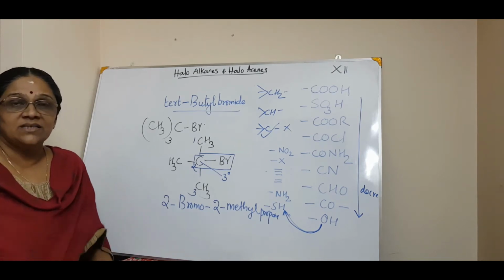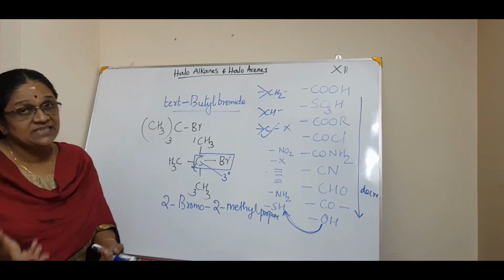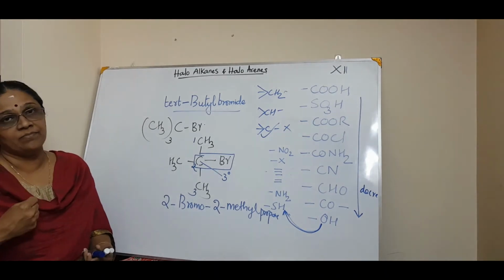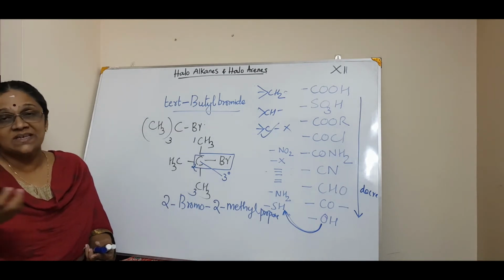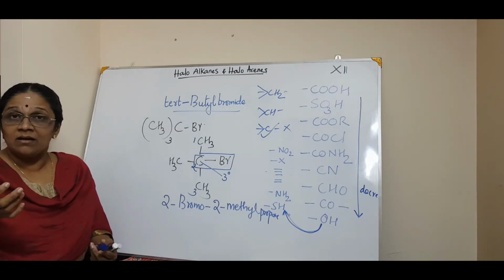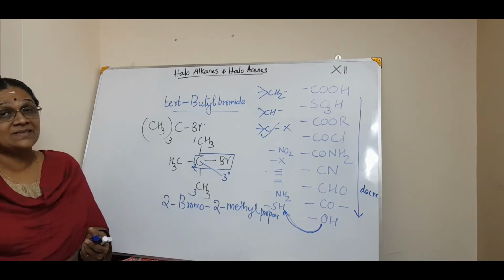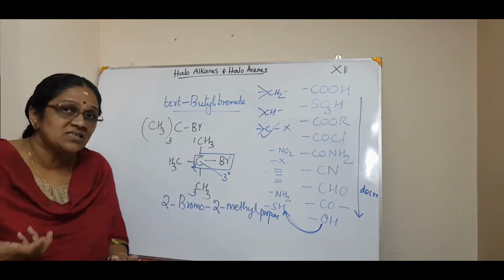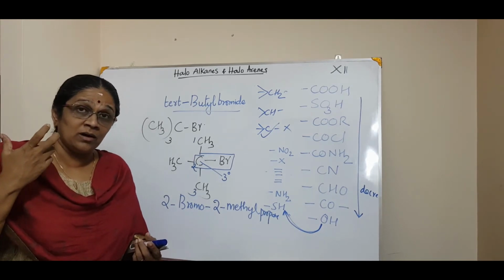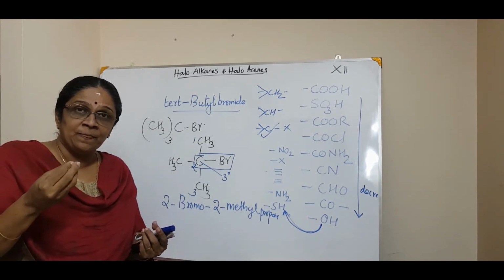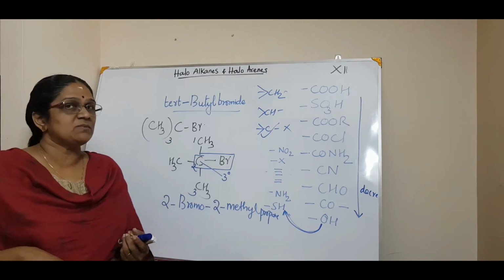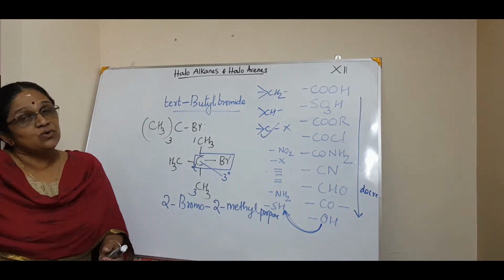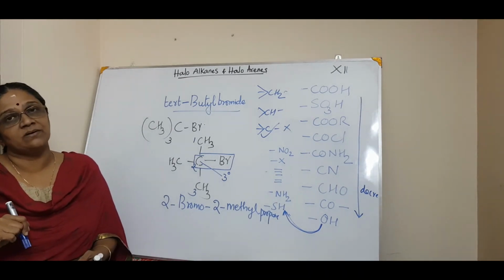So don't just go through the table; write it and see whether you are able to get that name. If you just go through or look at the table, you will think, okay, I know it, that's it. But that's why I always tell you, if you want to study organic chemistry, please write and study. Whenever you study organic chemistry, you should have a pen or a pencil in your hand to scribble on paper.